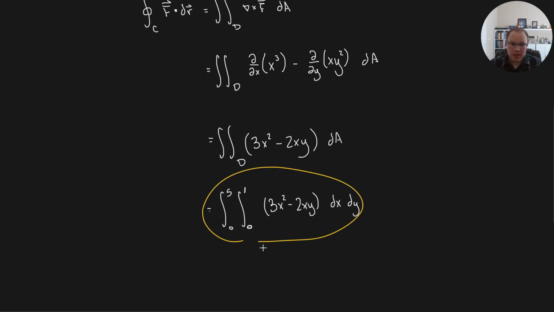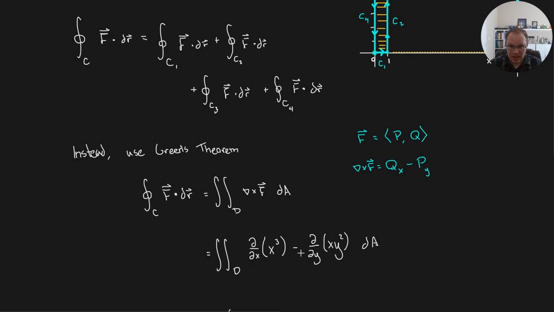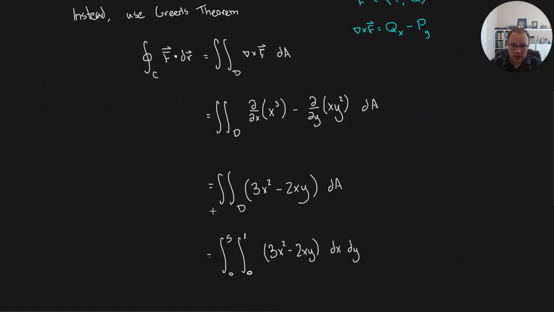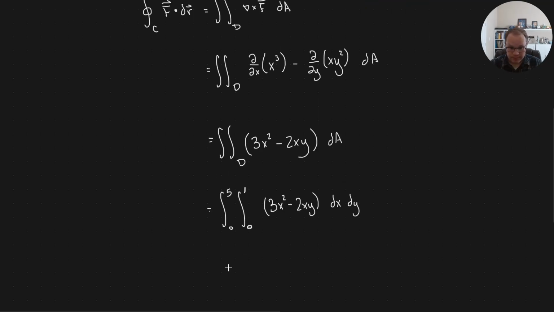This is going to be much easier to integrate than having to do all 4 of these little line integrals, parameterizing each edge of that rectangle. Okay, so using Green's theorem, we can simplify the integration.